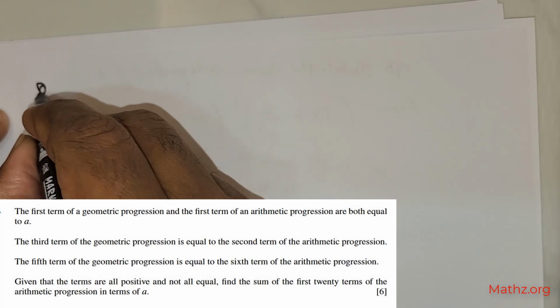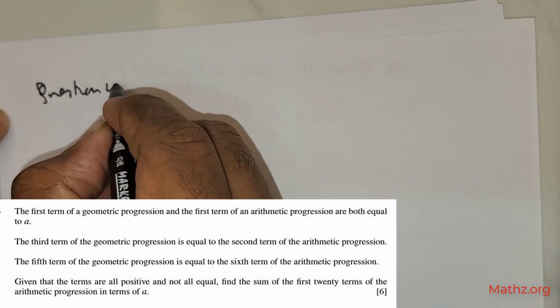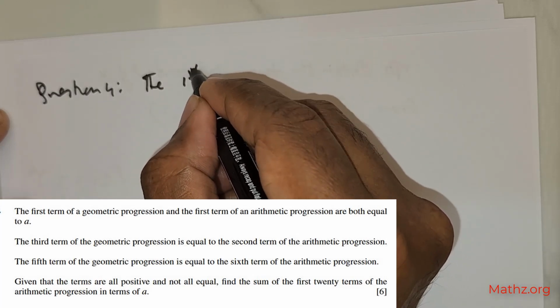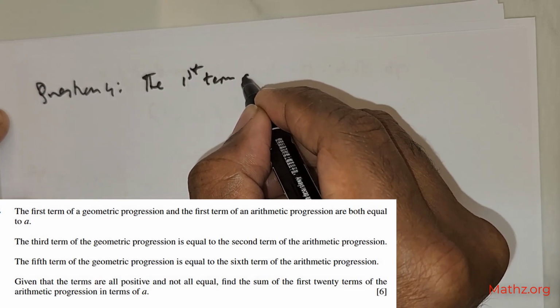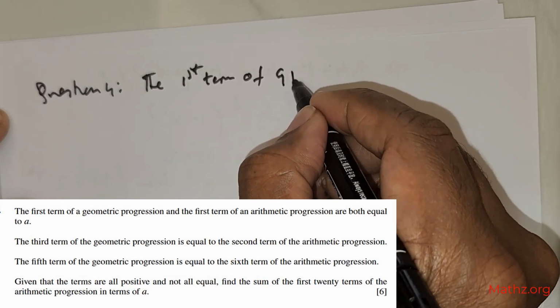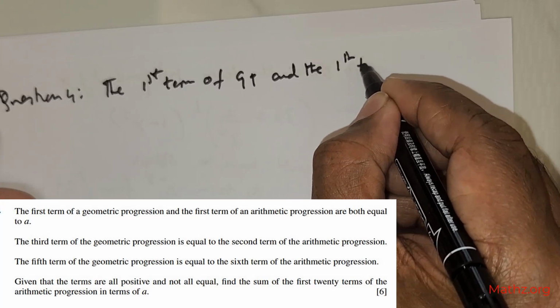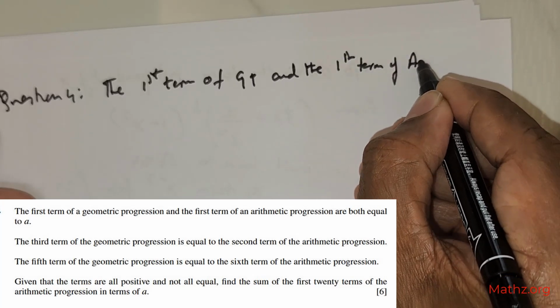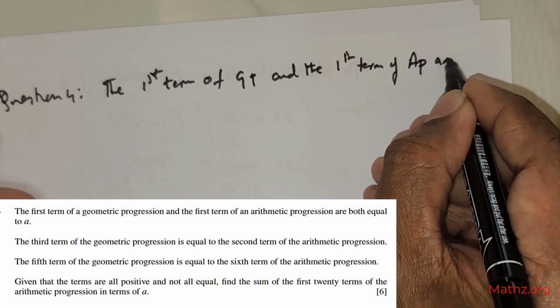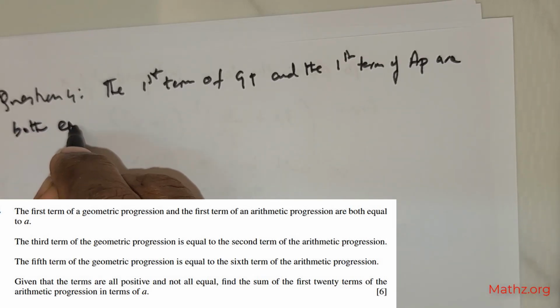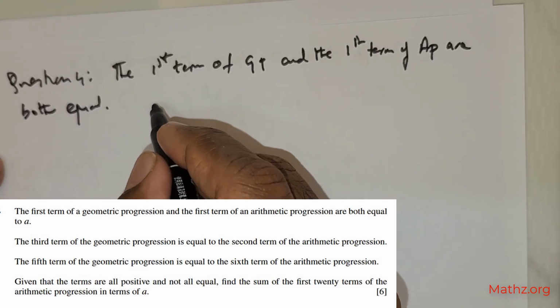Students, this is question number 4. Let me write the question down. The first term of a GP and the first term of an AP are both equal. That's the first line.